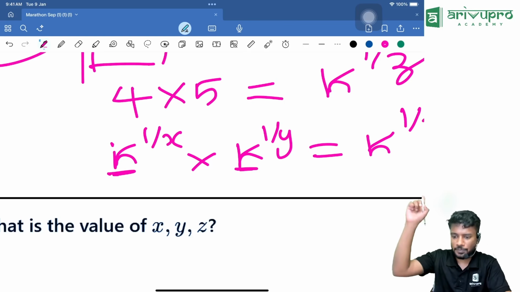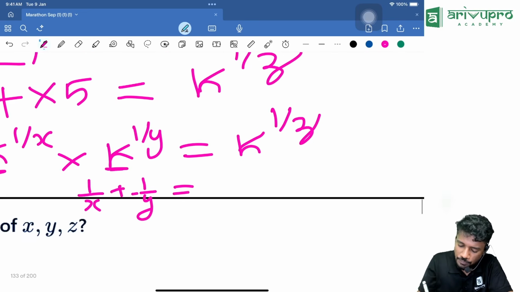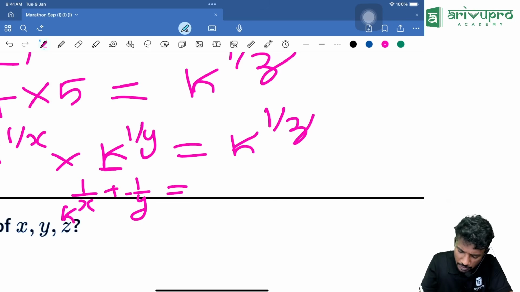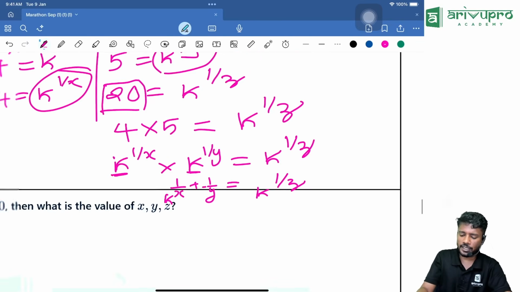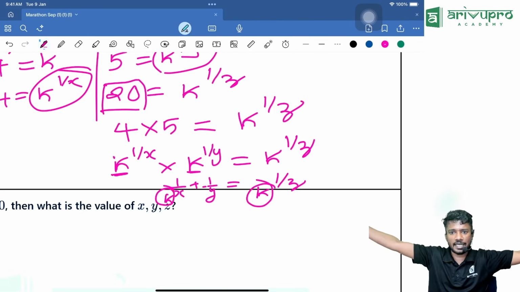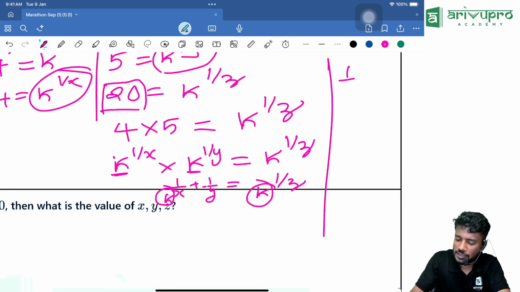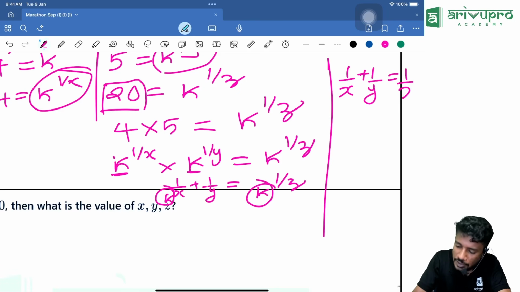Can we add the powers? k raised to 1 by x plus 1 by y is equal to k raised to 1 by z. Another property is bases are same on both the sides, can I say the powers are equal? Yes. So 1 by x plus 1 by y is equal to 1 by z.